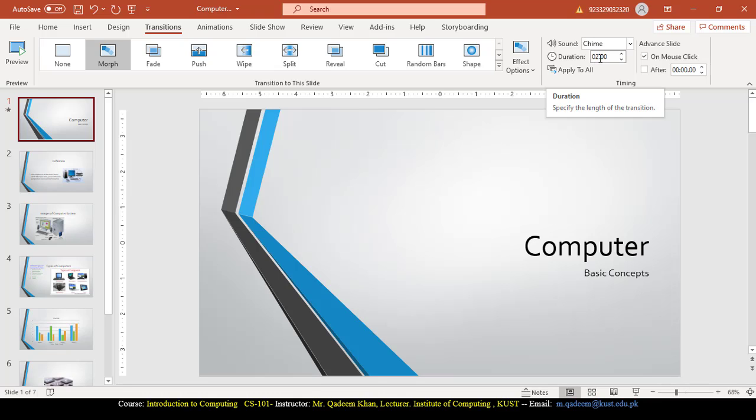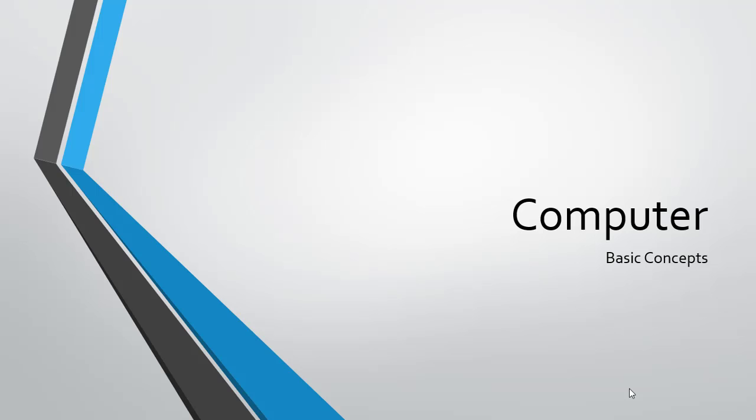the transition will be performed after 2 minutes. For example, if I require that the transition should be performed after 3 seconds, then apply here. So this will be applied after 3 seconds. Okay, apply to all. Now run the slideshow.